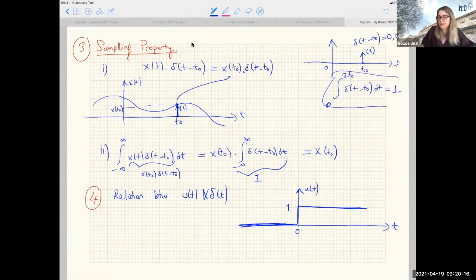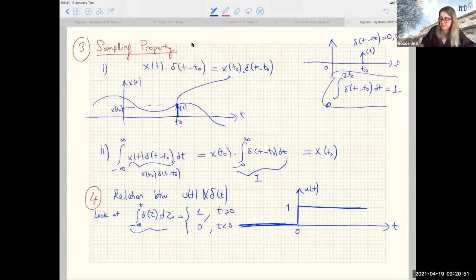Imagine taking the derivative of u of t. Or maybe before that, look at, let's say, the integral from minus infinity to t of delta tau d tau. I mean, just use another dummy integral variable, okay? So this would be, guys, when t is greater than or equal to 0, this would be 1. But when t is less than 0, this would be 0, right?